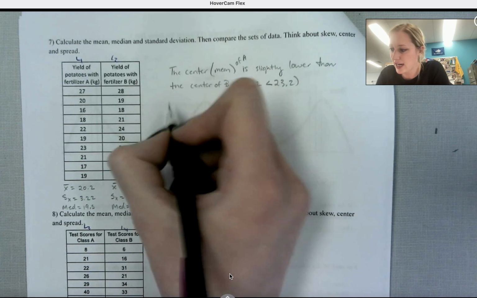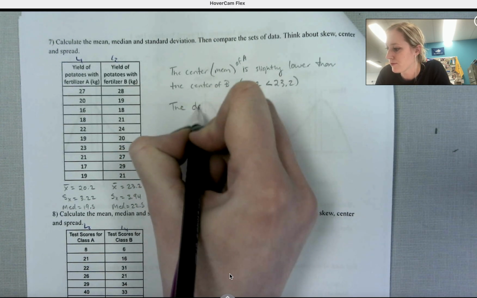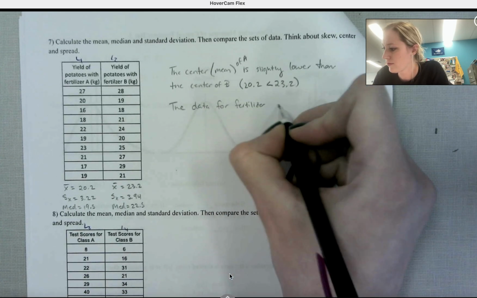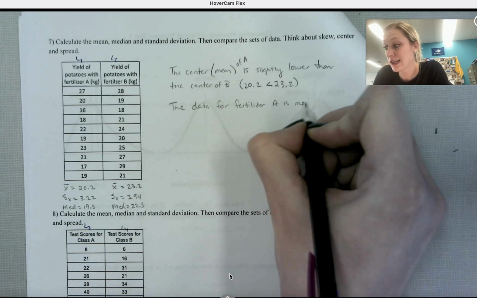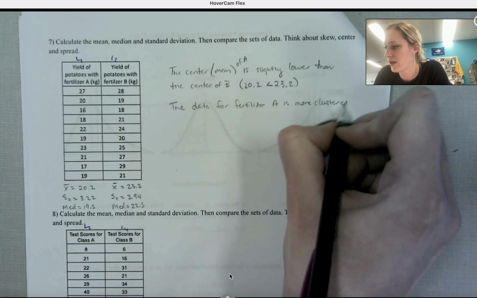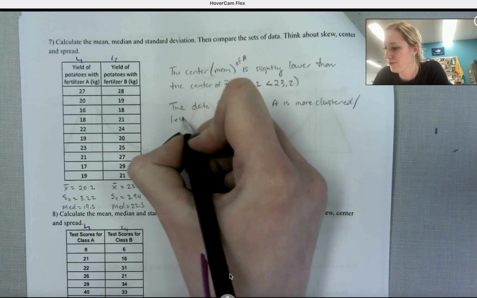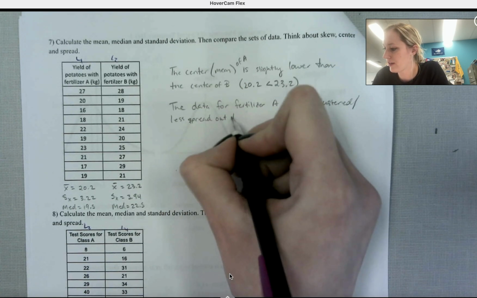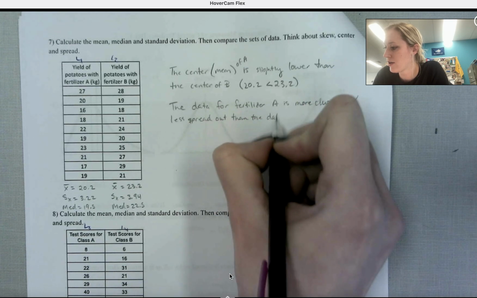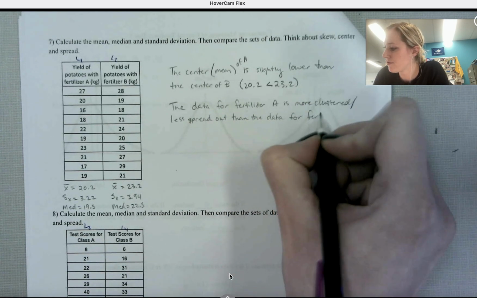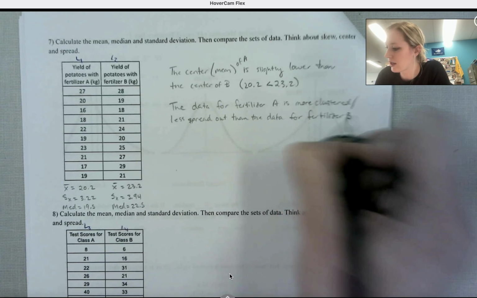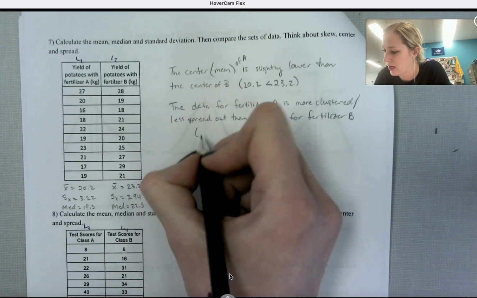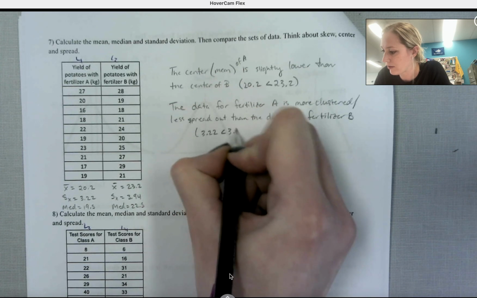So we're going to say the data for fertilizer A is more clustered, or we could also say less spread out than the data for fertilizer B. And again, where I'm getting that is the standard deviation for A is less than the standard deviation for B. So 3.22 is less than 3.94.